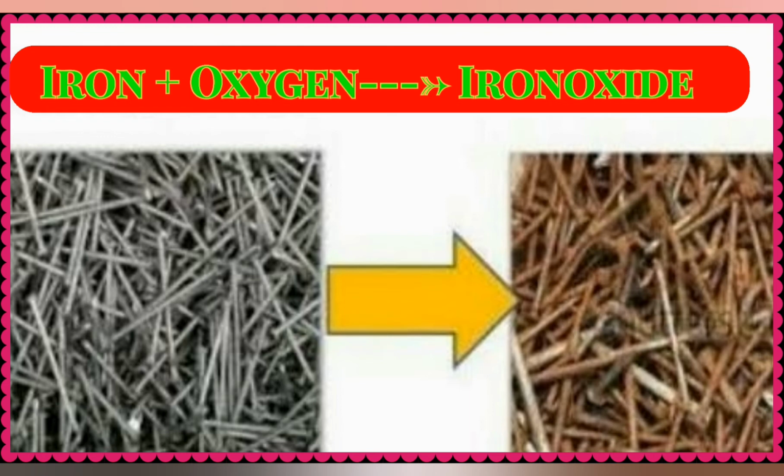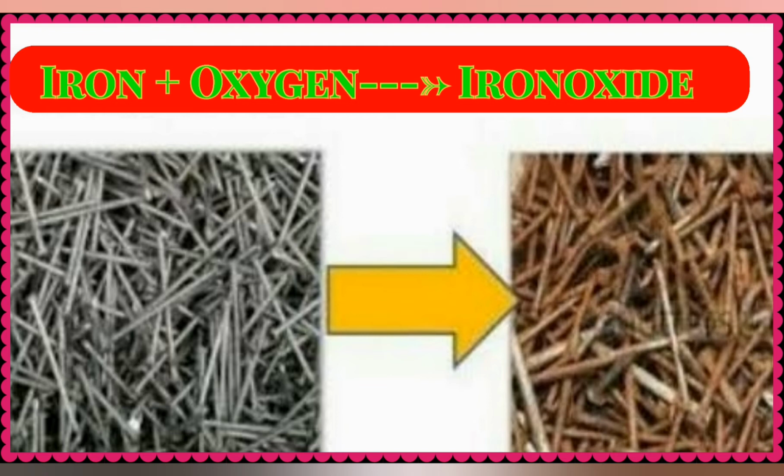Now, let us write the chemical equation for the chemical reaction of rusting. First, let us write the word equation. Iron and oxygen are reactants, so they are written on the left side with a plus sign in between. And the product is iron oxide. It is written on the right side following an arrow symbol.